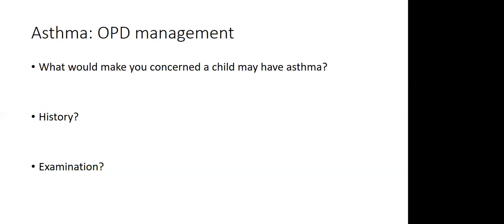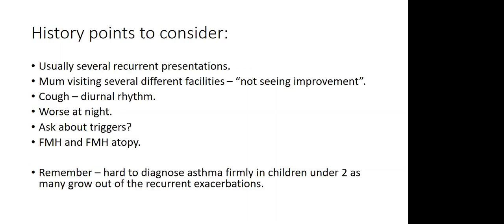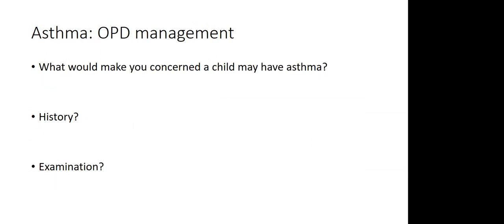Is there anything that you might see when you look at the child? Okay, well, we're going to talk on those in a second. So a few things to think about in the history. They may have a hyperinflated chest. Ah, good.